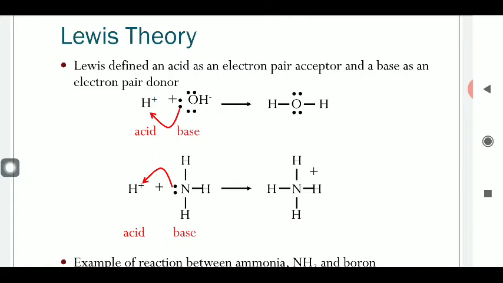In that theory, you learned the conjugate acid-base concept, but that theory also has some limitations. What was the basic limitation? This theory cannot explain the strength of the acid and base. The previous theory cannot explain the strength of the acid and base.